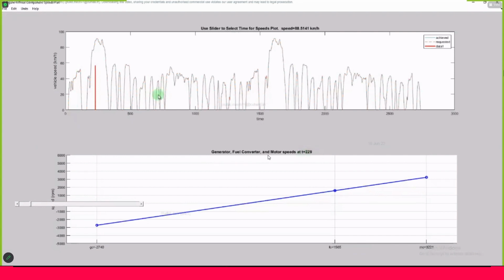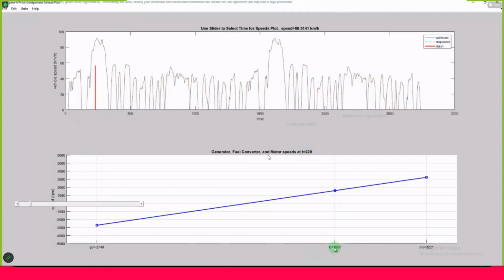Now to generate 88 kilometers per hour, the Toyota Prius control strategy operates in such a way that the generator RPM is 2740 in the negative direction. So the generator is now running in the reverse direction, and accordingly the power flow is managed.